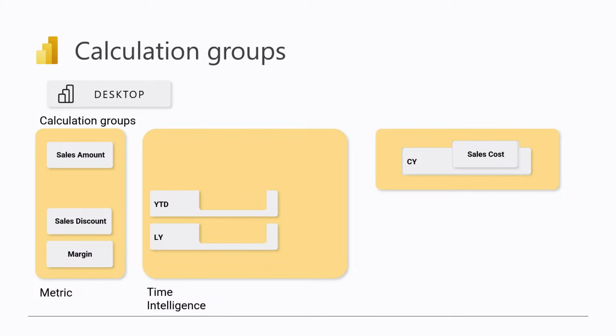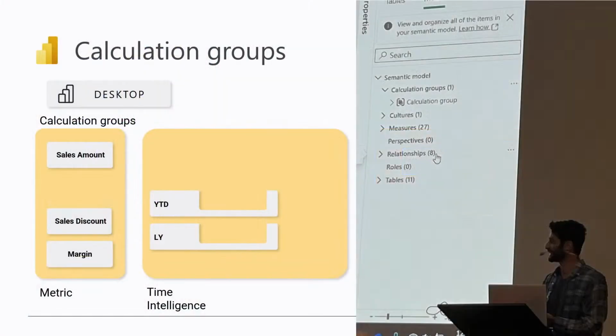Really cool. But this is not new. We've had this for a long time, actually. We've just had to rely on using third-party tools to go into the data model and configure these calculation groups. So we've been able to do this for a long time. It's just been, well, complex. The new thing is that we have been told that there will be calculation groups in the Power BI Desktop UI in the near future.